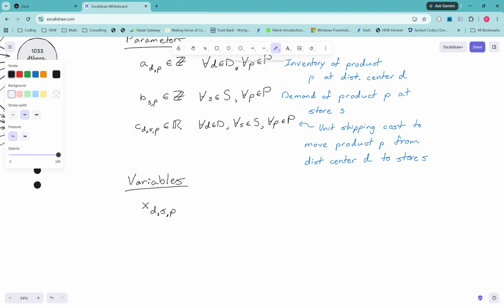And so what type of value is this an element of? Well, in reality, this is probably going to be an integer. But if you'll let us call this now a real number. The reasoning being the inner workings of the solvers that are going to be solving this model itself. The algorithm has to be different between ones that consider decision variables as real and continuous versus ones that are integer based.